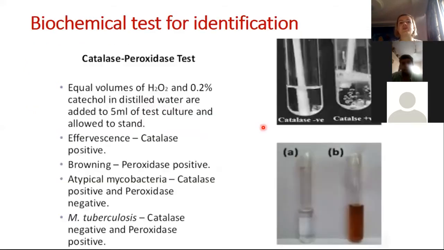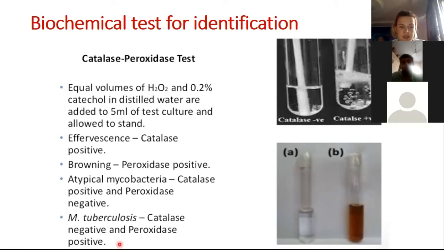Next, the catalase peroxidase test. You use hydrogen peroxide in tubes or on slides, and add cultures. If you detect bubbles, you can interpret this result as catalase positive. When you use peroxide, if the bacteria produce peroxidase, you will detect a brown color in the medium.